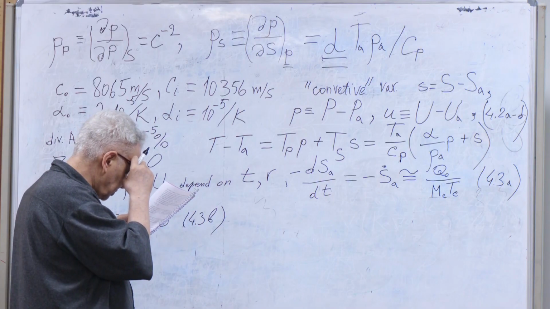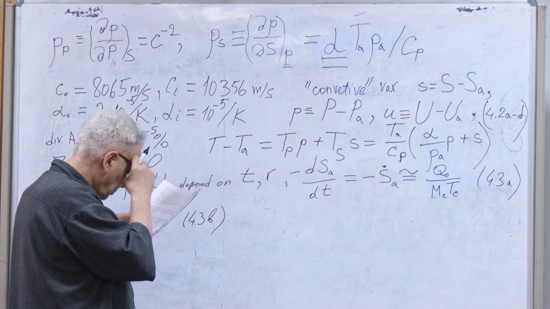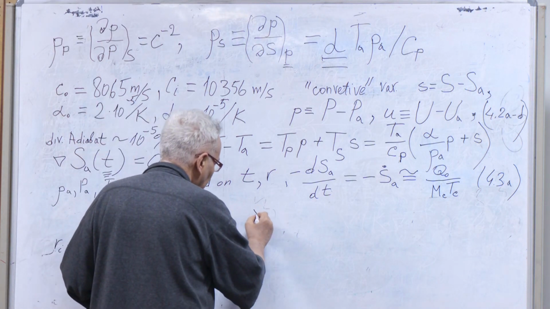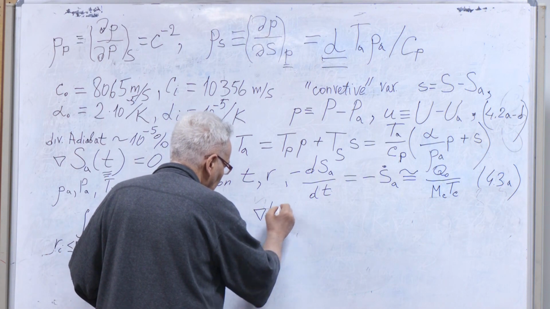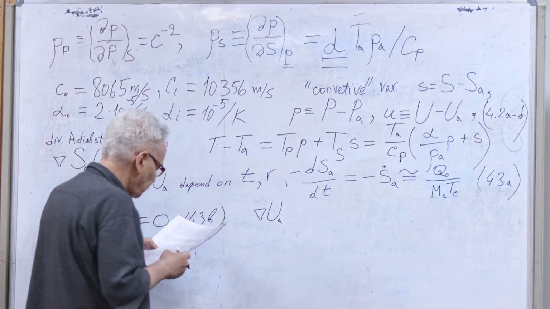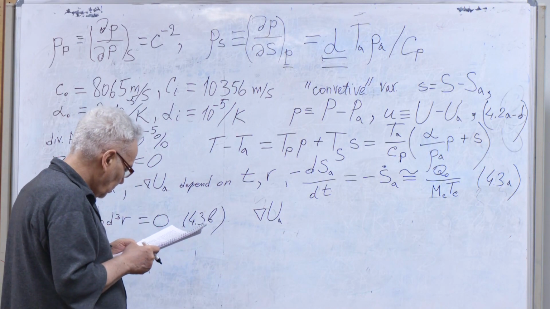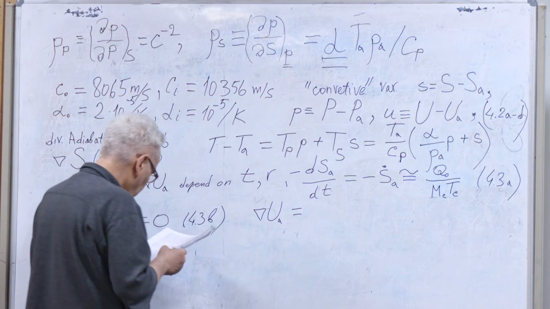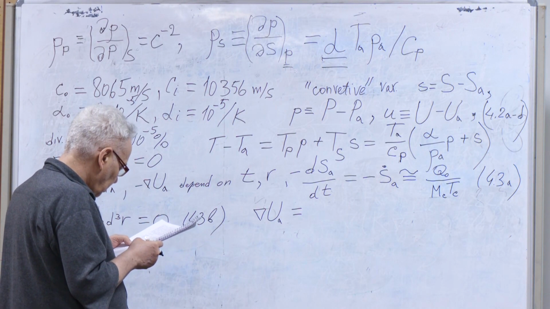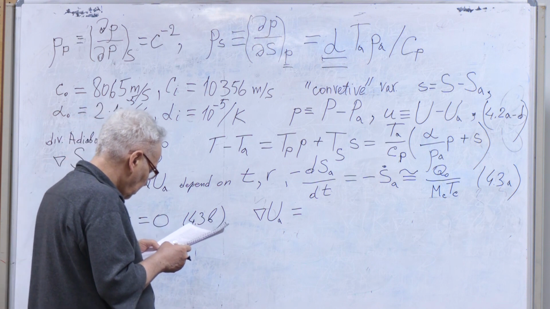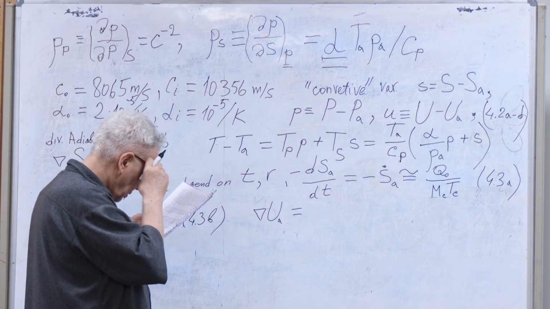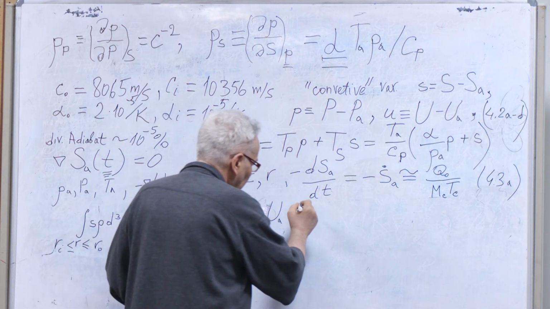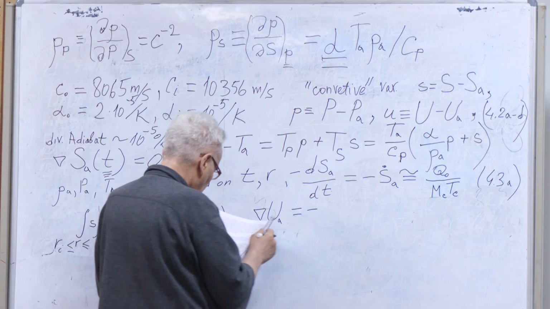Braginsky and Roberts estimated the gradient of the gravity. Then it could be estimated via the Laplacian, via the pressure, like that.